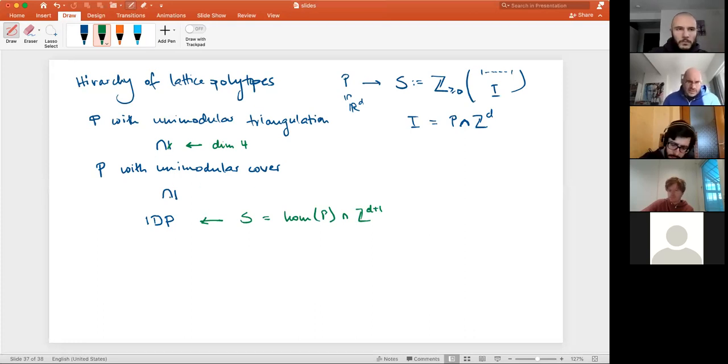And again, I think this was one of our homework exercises, if you have a unimodular cover, then you have IDP. And so again, you can ask, are there IDP polytopes that don't have a unimodular cover? And the answer is yes. And for this, you have to go into dimension 5. So there are subtle things happening here.